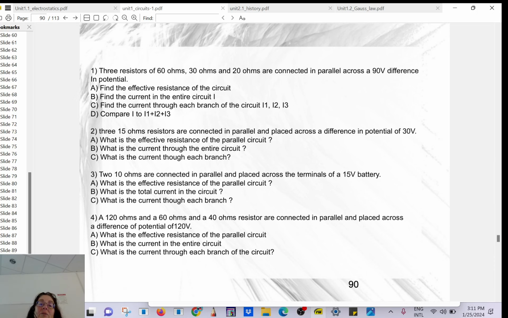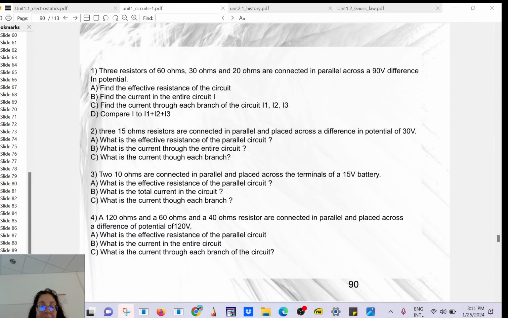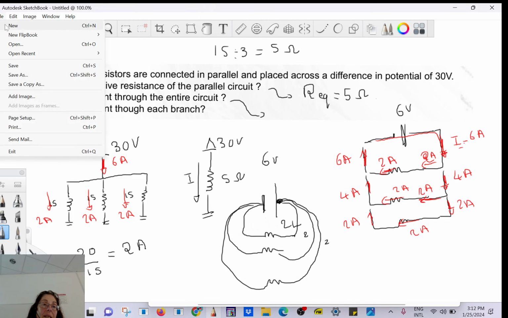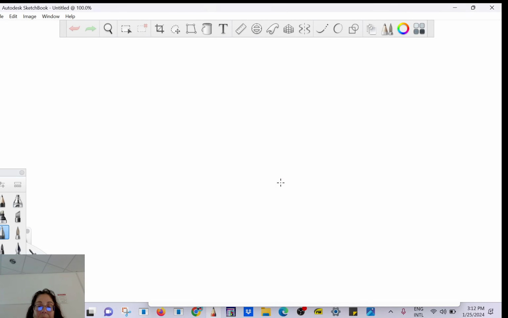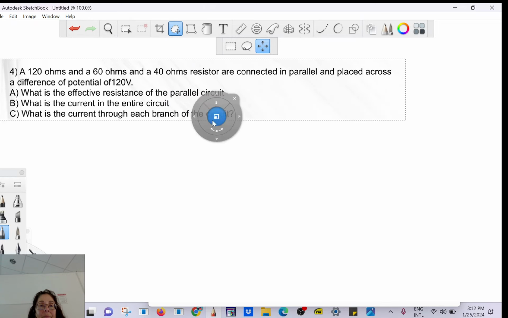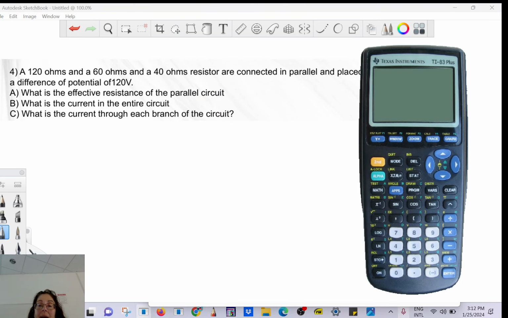Okay, let's do another one, but last one. Make sure you know. Okay, find the effective resistance. Can you do it?